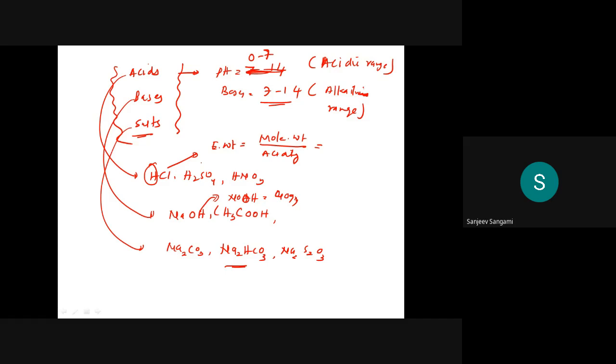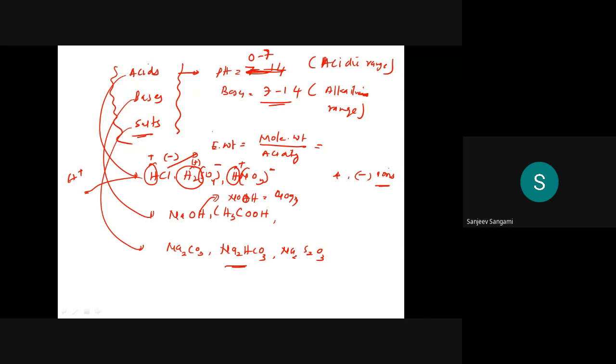Normally Cl will not be considered. How many H plus ions are there? Here H is plus and Cl is minus. Here also H is plus and SO4 is minus. Here also H is plus and NO3 is minus. Always, any compound is formed with the help of positive and negative ions.